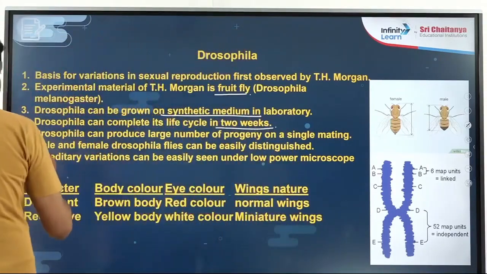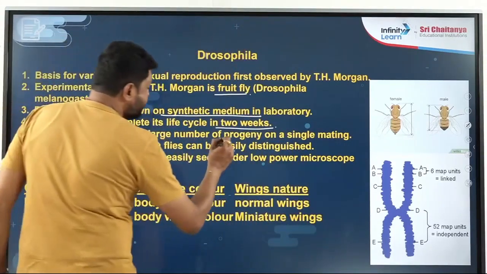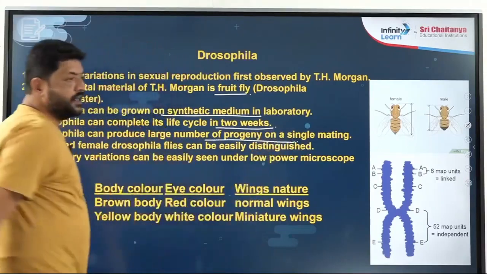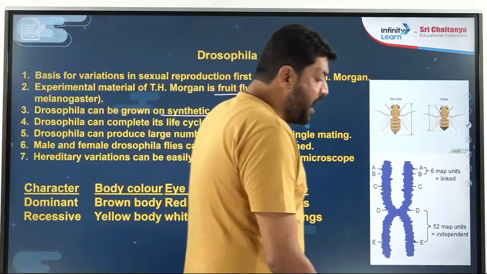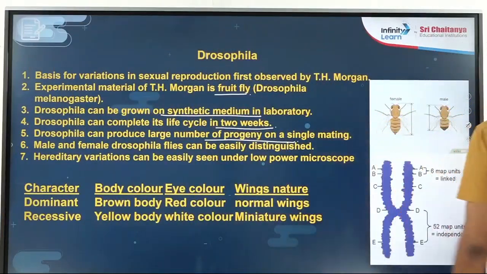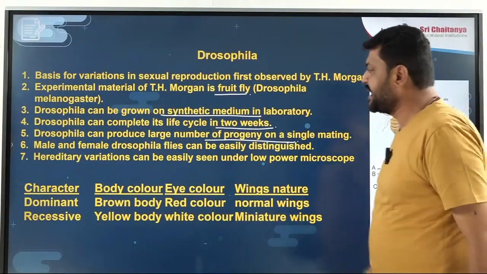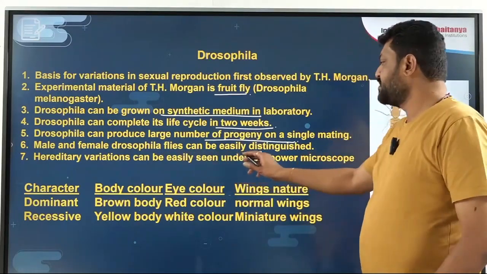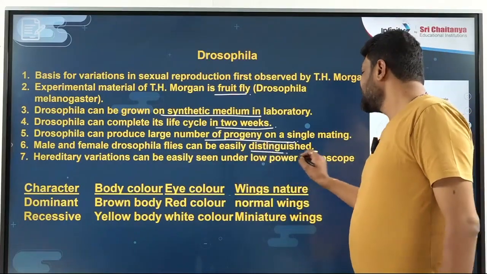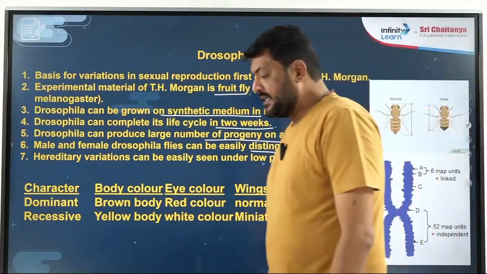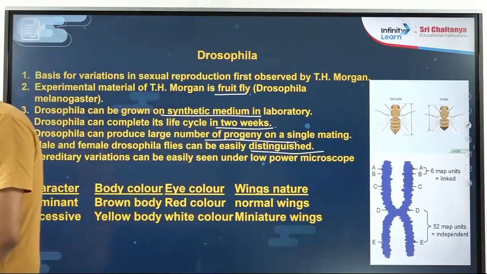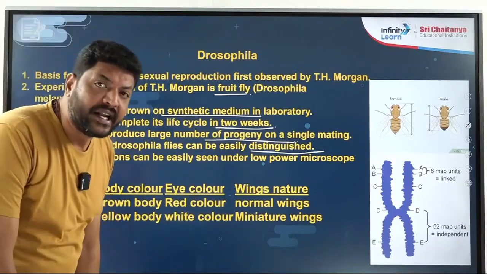Clear? Then Drosophila produces a large number of progeny per mating. Once the male and female mate, a large number of offspring are produced. This is one important feature. And male and female Drosophila can be distinguished easily under a light microscope. Beta, this is very important. This is a PYQ. Which of the following statements is incorrect?